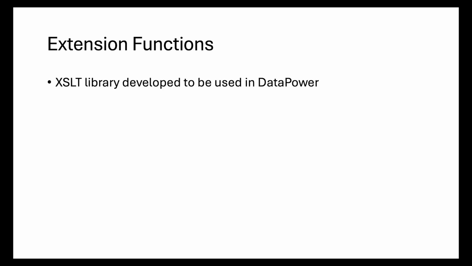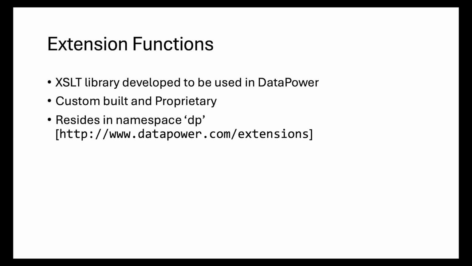Now let us understand the difference between extension functions and extension elements. Treat extension functions as a kind of library, a DataPower-specific library where you have constructs to deal with cryptography, metadata handling, calling APIs, web services, calling Kafka servers, interacting with databases and so on.